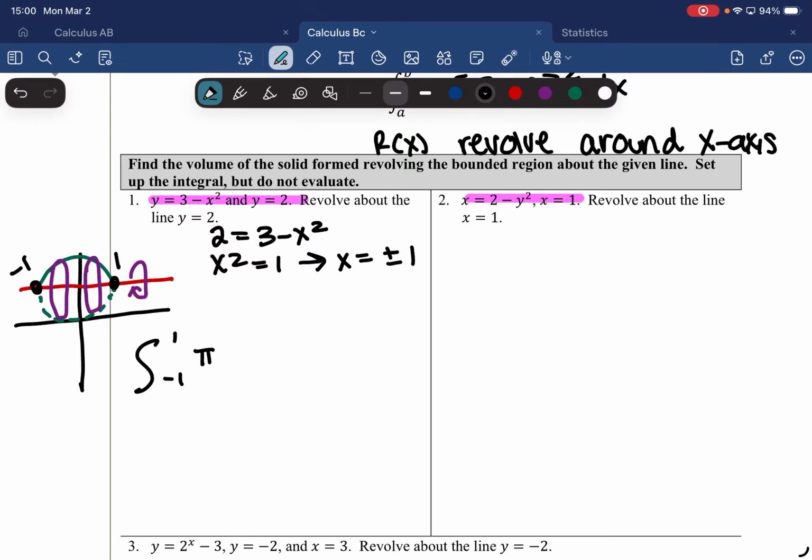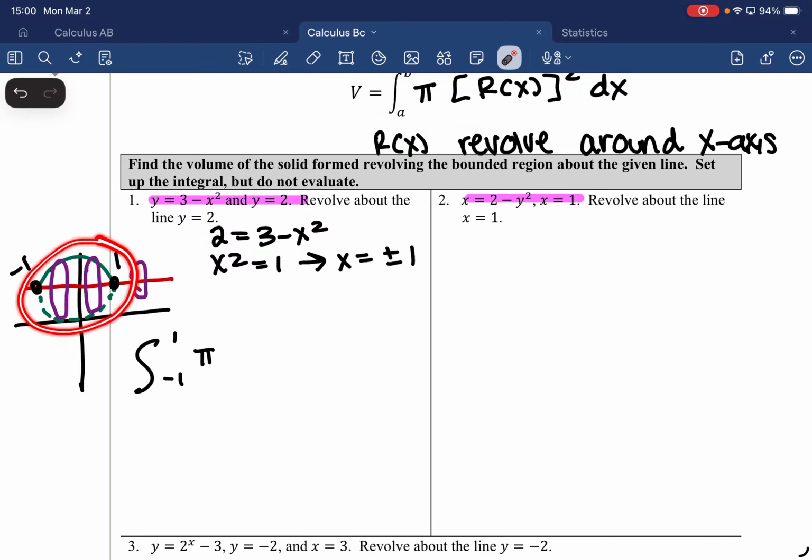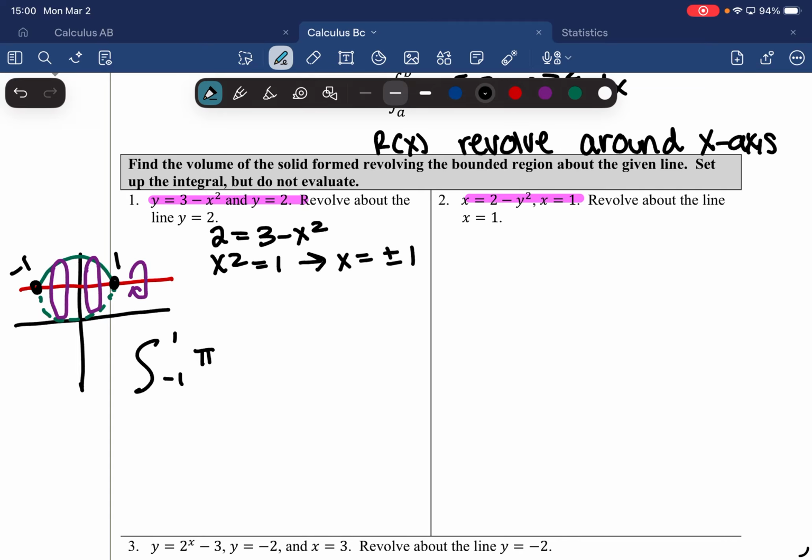Well, here we're going to be doing the function top minus bottom. Okay, so if we're looking at this function here, the top function is going to be the parabola. Okay, the bottom function is that line. Okay, so I'm going to do the top function minus the bottom function, and that is my r of x.